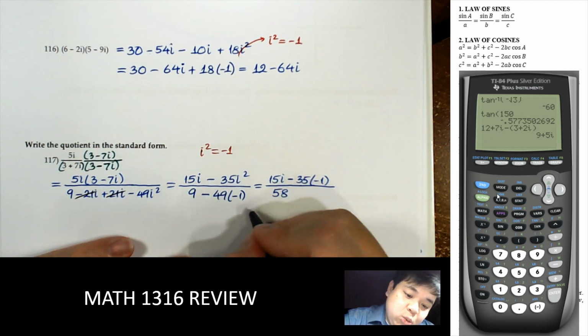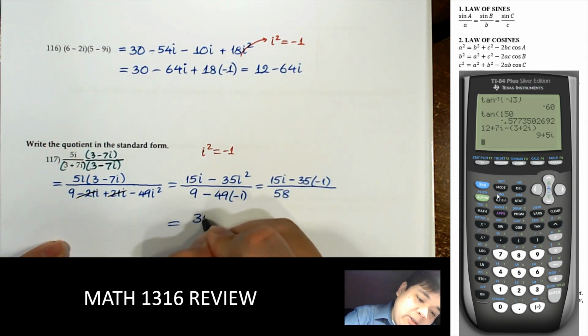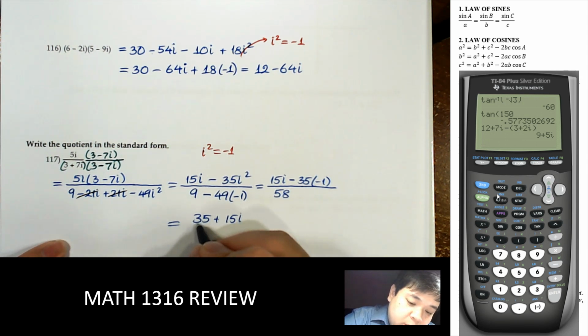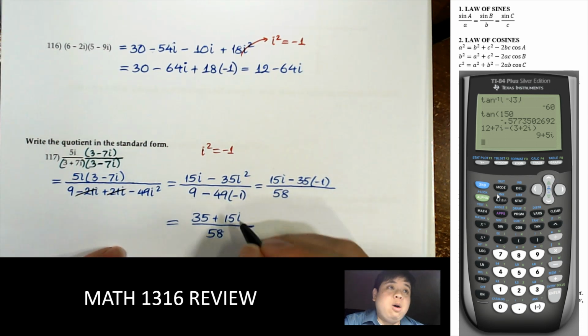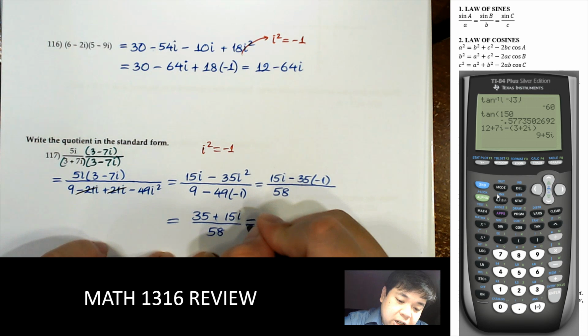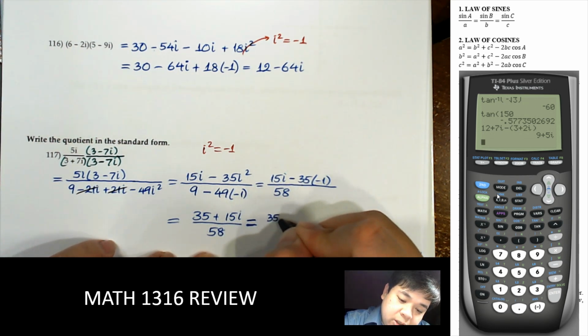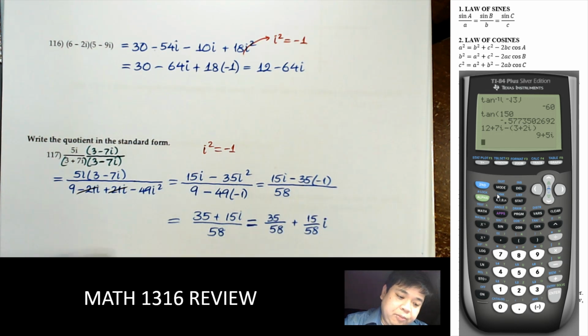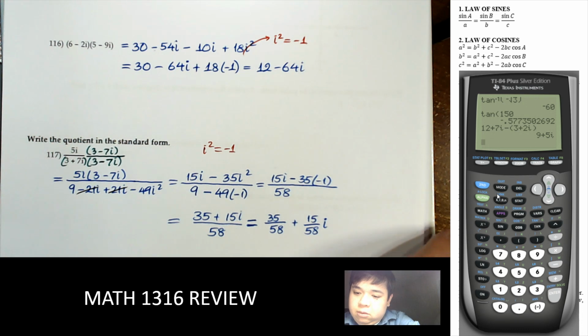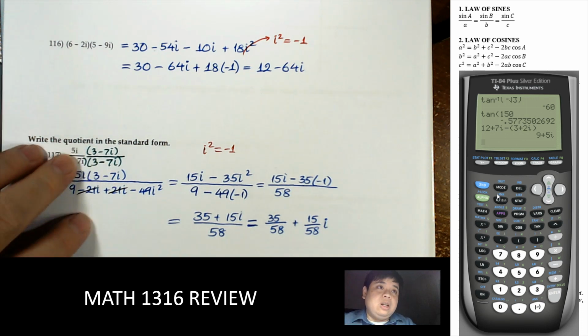So rewriting this, we have 35 plus 15i over 58. The standard form is a plus bi. So we're going to write 35 over 58 plus 15 over 58 i. That's what we have.